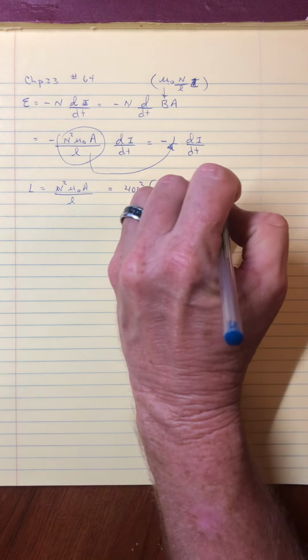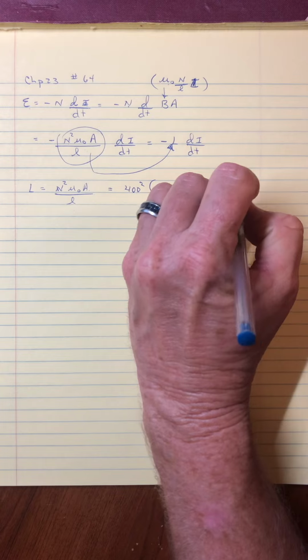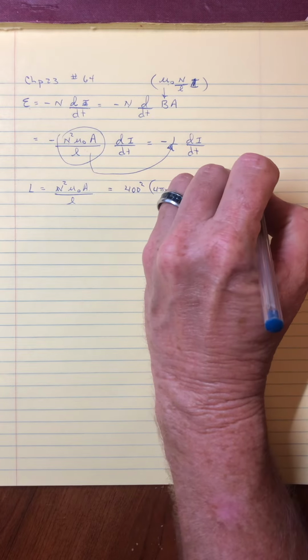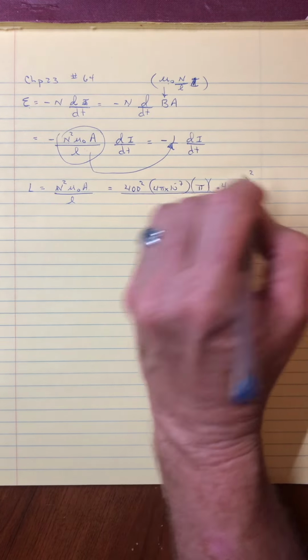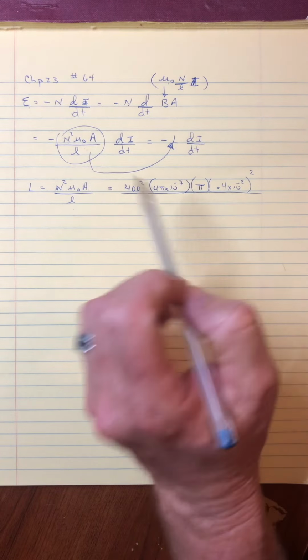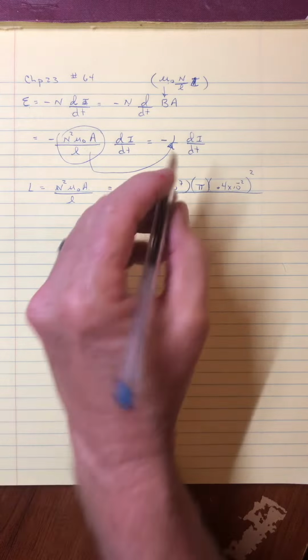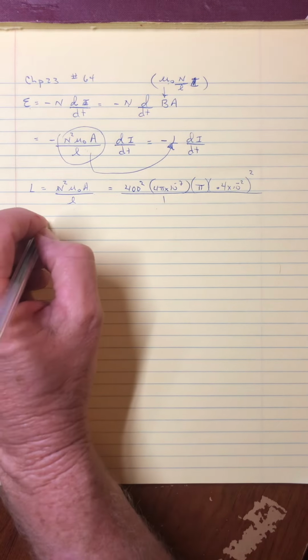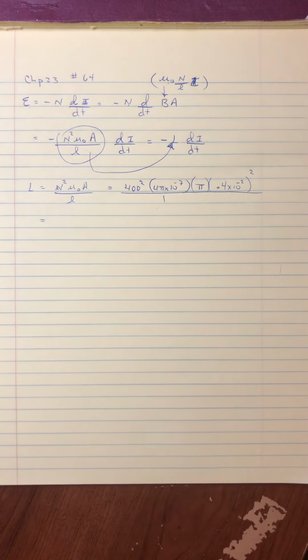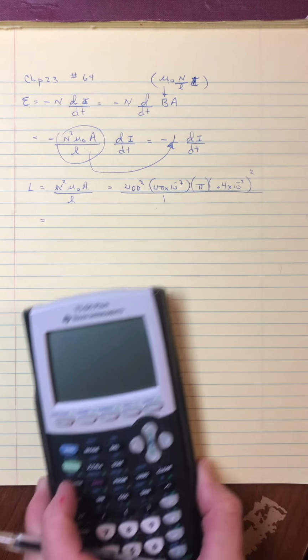So that means the radius is 0.4 centimeters, and I'll square it. So that's how you get the area, pi r squared. And they said it has an equivalent length then of 1 meter. And this should be measured in units of henries here.